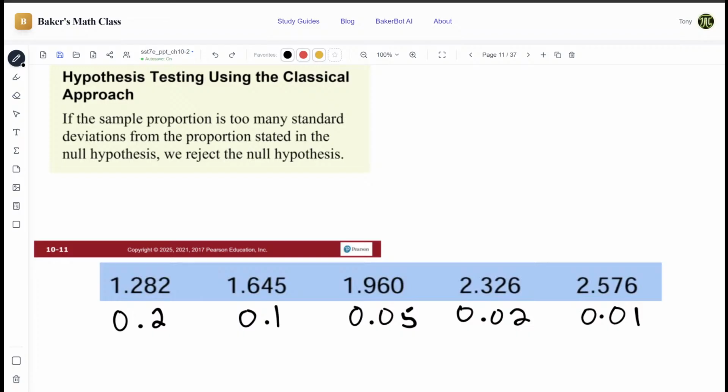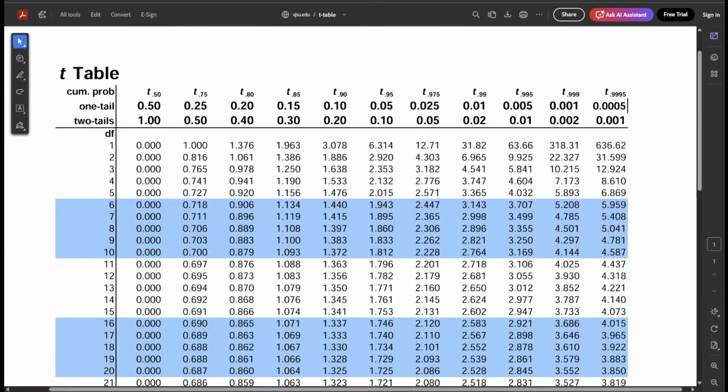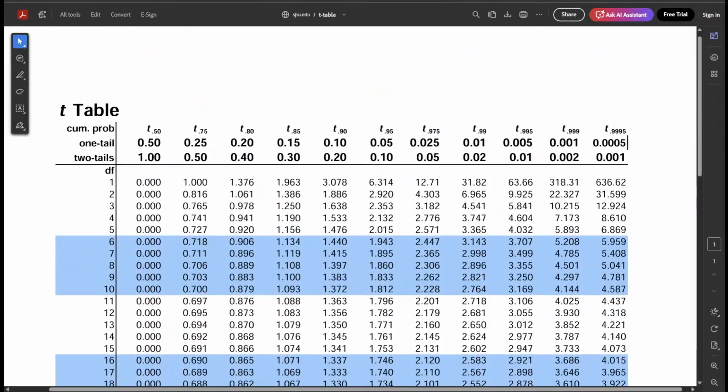It is, I gotta figure out the two table.